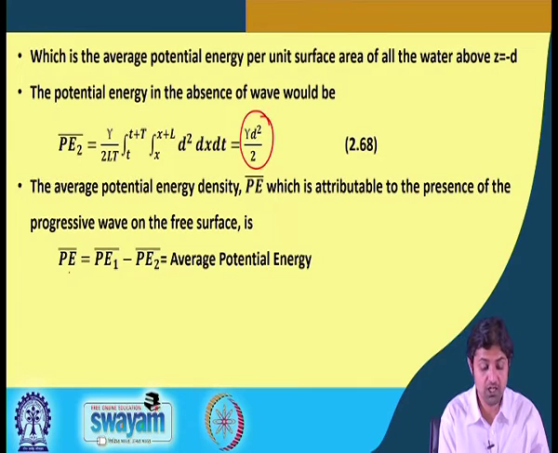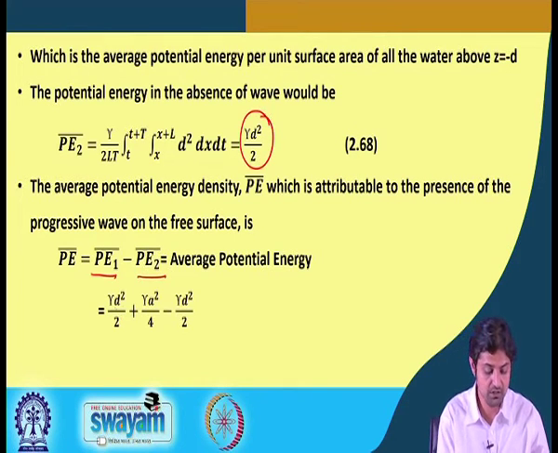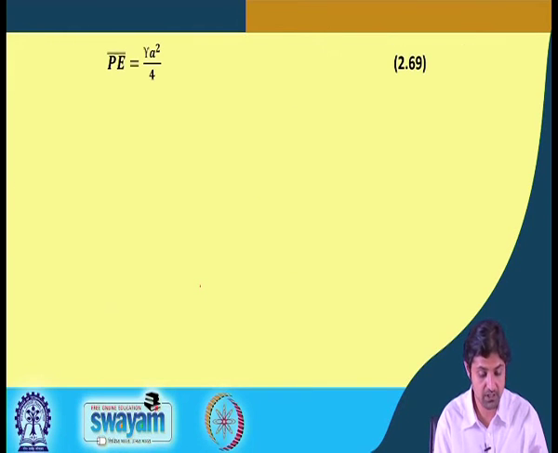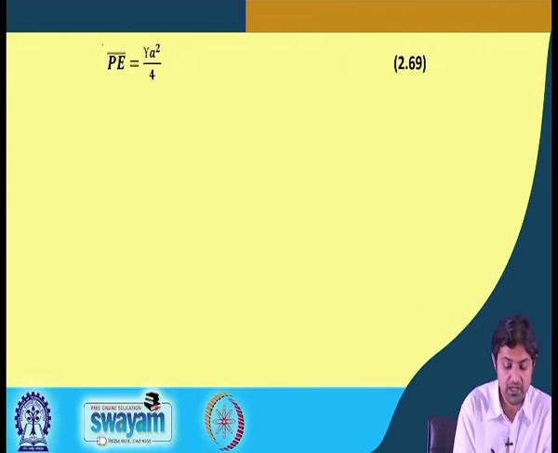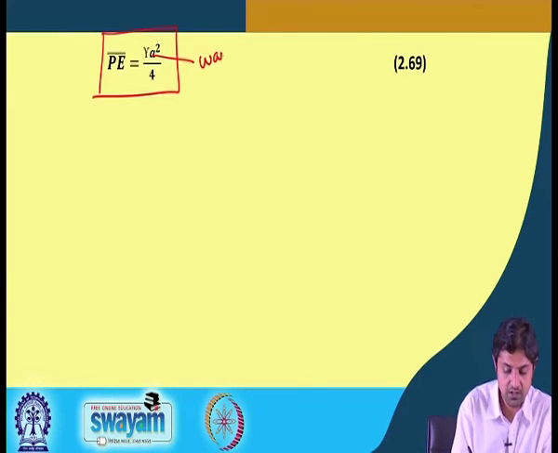And the energy due to the presence of the wave will be the total energy minus the energy when the wave is not there. So, the average potential energy with wave came to be gamma d square by 2 plus gamma a square by 4, and the one without wave came to be gamma d square by 2. This gives us the potential energy due to waves as gamma a square by 4, where a is the wave amplitude.